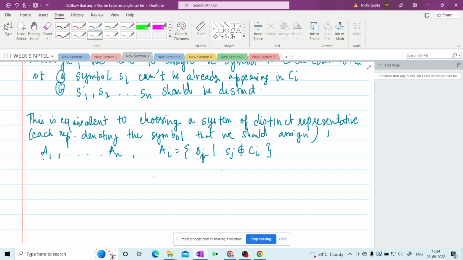in an appropriate bipartite graph. So how will our bipartite graph look?